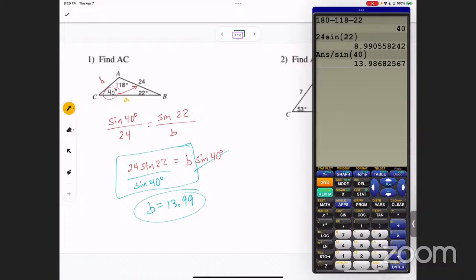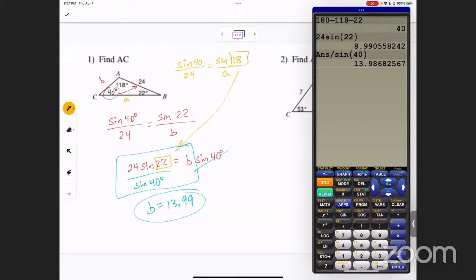Yeah, let's use the law of sines again. Ready? The sine of 40, I'm setting up this exact same way, divided by 24 equals, now it's going to be the sine of what? 118, because that's across from the B that we're solving for, divided by A. Now watch this, you guys. Isn't the only thing that's different the fact that this is 22 and that was 118?